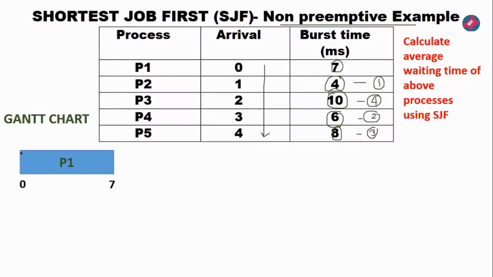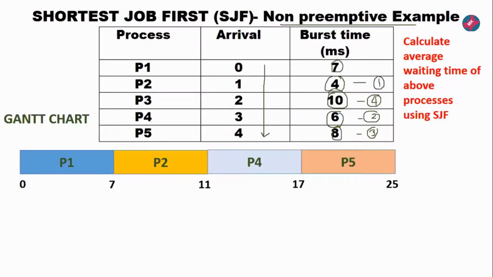After P1, the second job to be executed is P2. For how much time will it execute? 4. So 7 plus 4, 11. P2 executed for 4 milliseconds. Afterwards, the second smallest job is P4 for 6 milliseconds, so P4 will execute until 11 plus 6, 17.